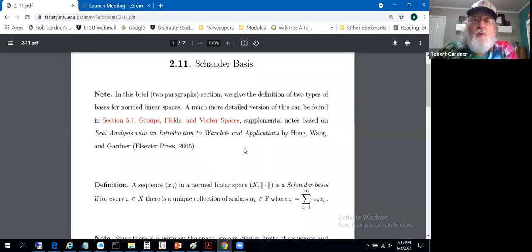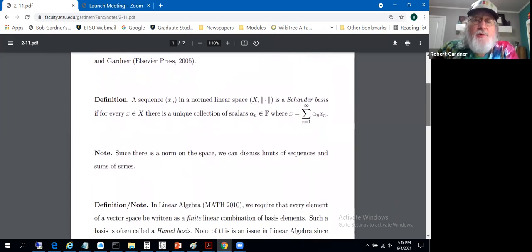But what we're going to look at is two ideas for a basis of a normed linear space. One much more pragmatic than the other. And first, a Schauder basis is what you might expect it to be in an infinite dimensional normed linear space.